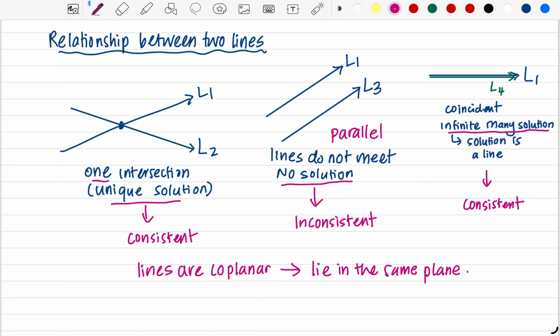So when the two lines are in the same plane, they may be intersecting, they may be parallel or coincident.